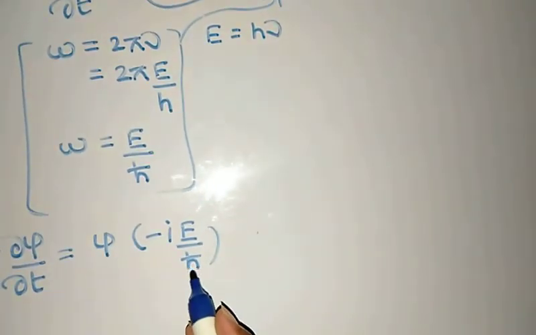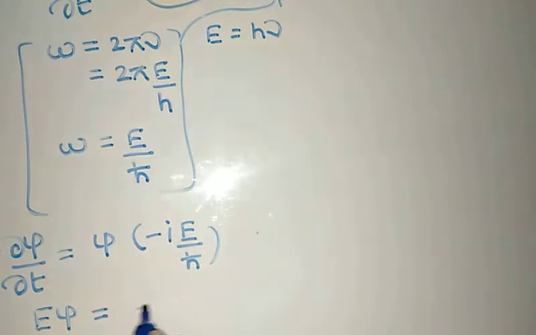Now for this we will find out the value of E psi. E psi is minus h cut upon i deva psi upon deva t.